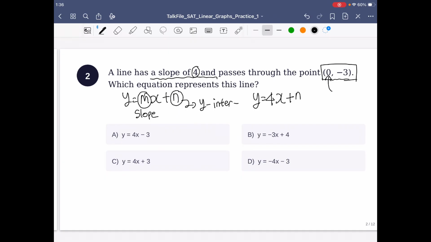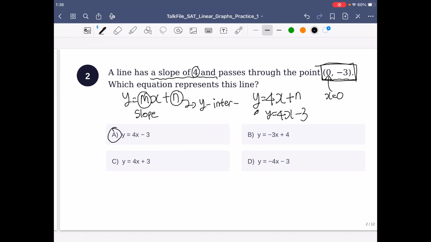That's how we get y equals 4x minus 3. If x equals 0, the y value is minus 3, which means it's the y-intercept. That's the definition of y-intercept. So the answer would be A.